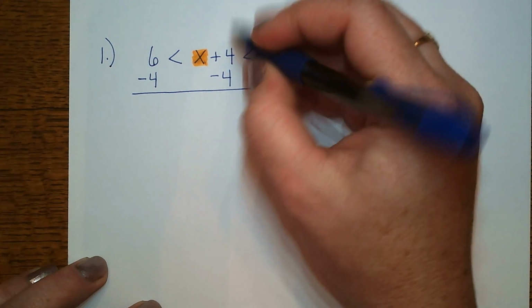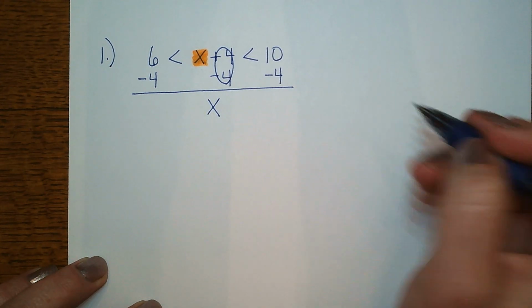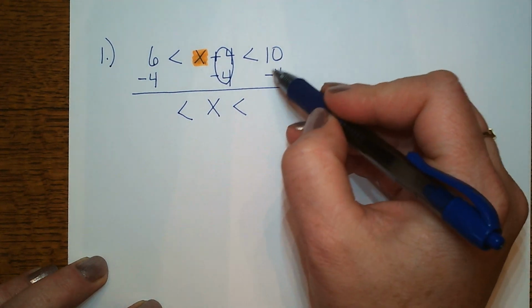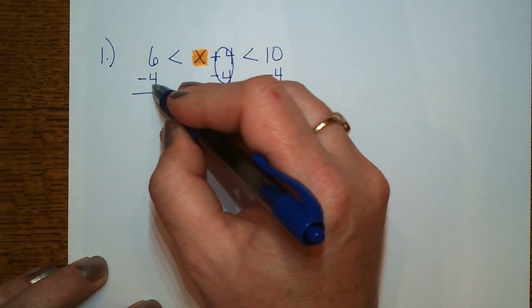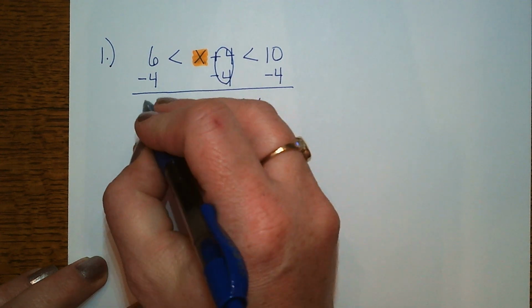The 4's in the middle become 0. That leaves me with only an x. I'm going to bring down my inequality signs. 10 minus 4 is 6. And 6 minus 4 is 2. Now my x is isolated, and this is my solution.